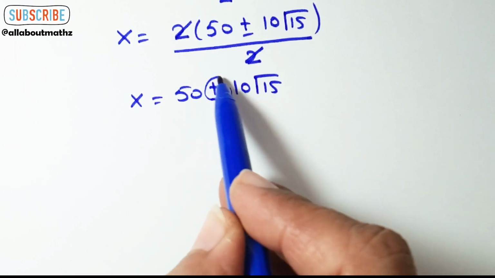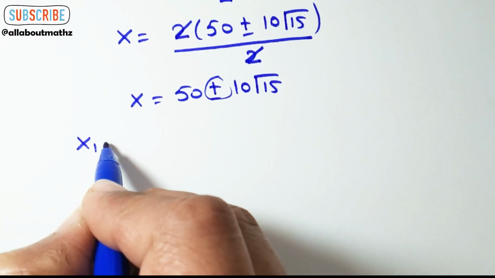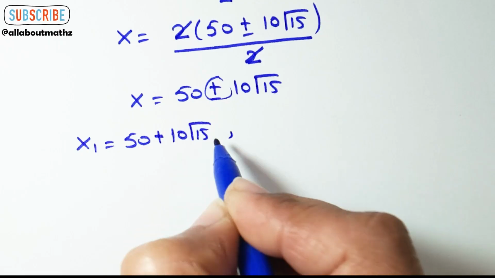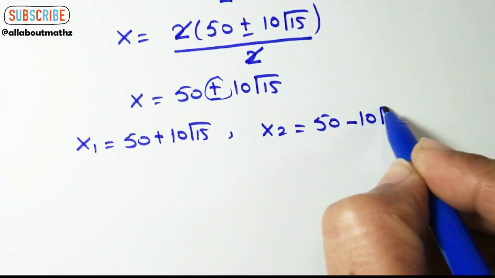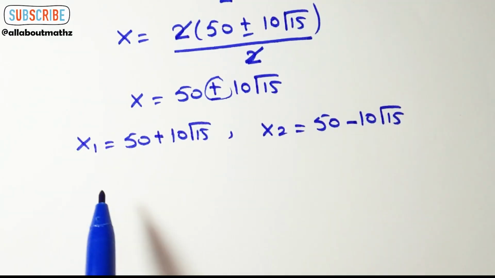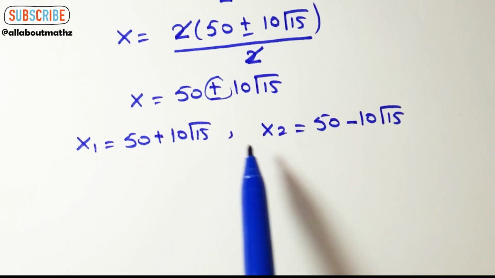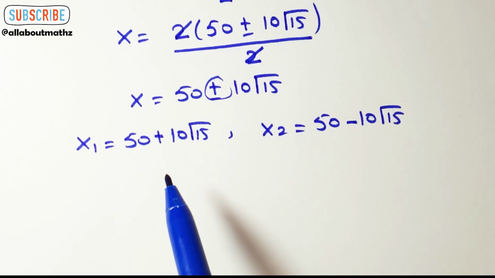So here we have two signs, which means we have these two equations. So we will name it x1 is equal to 50 plus 10 into square root of 15, and x2 is equal to 50 minus 10 into square root of 15. So if we have two values of x, which are x1 and x2, now we will find the two values of y.